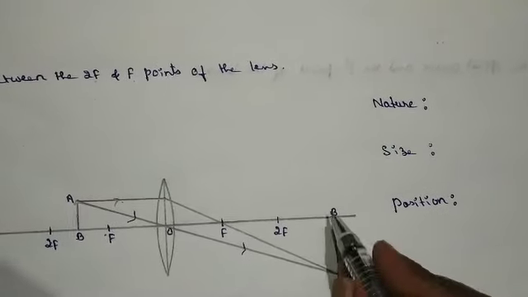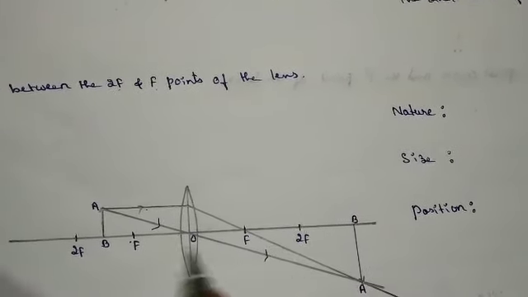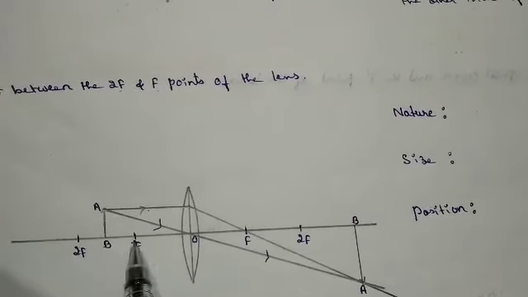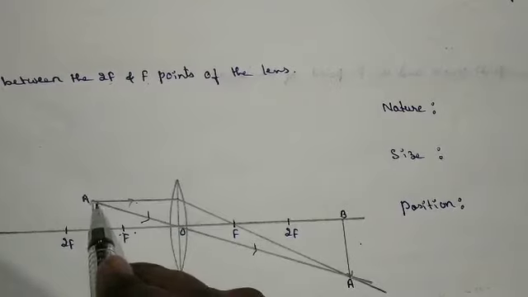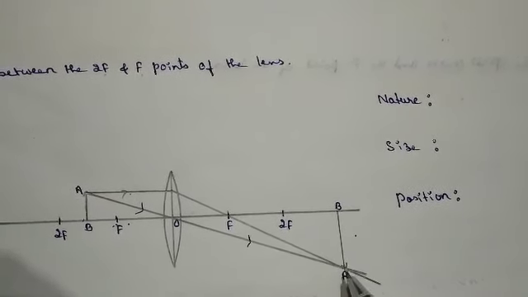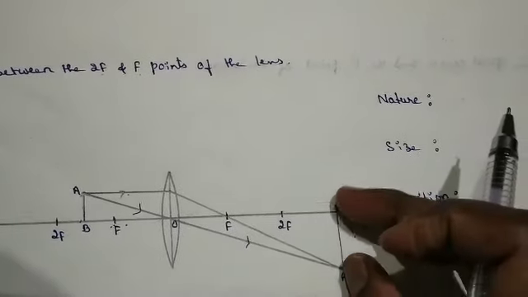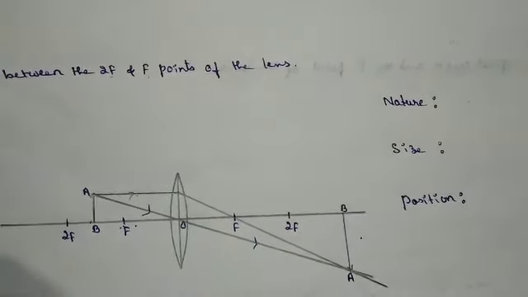So the image is formed beyond 2F, and you can observe the size. The size of the object is smaller than the size of the image formed, right? So here the size of the image increases compared to the size of the object.